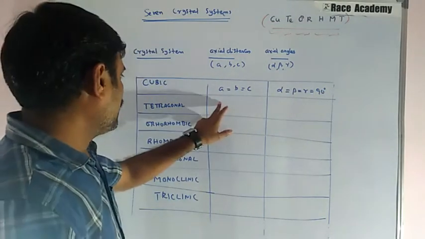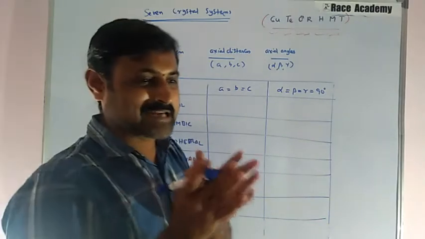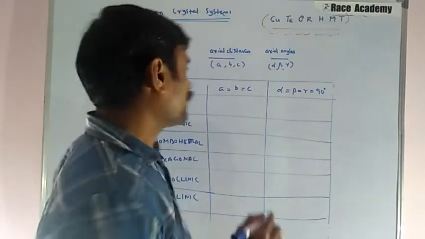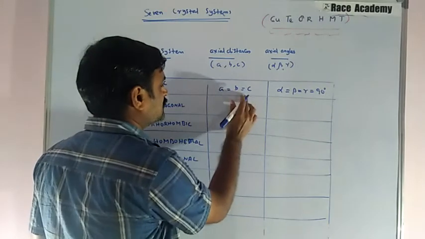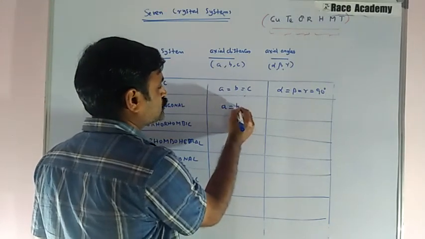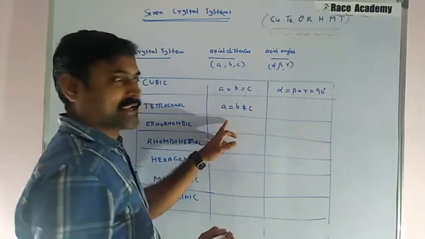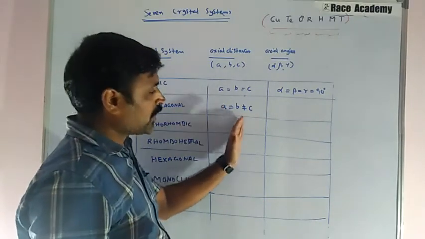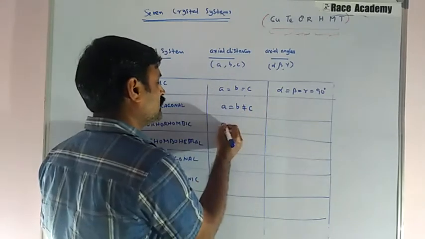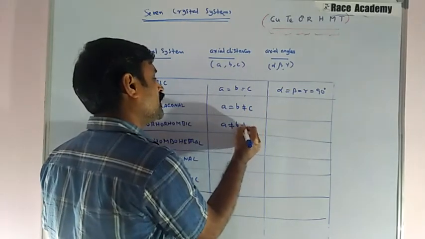And tetragonal, the second one, just write A equals B not equal to C. Next, orthorhombic, you will write A not equal to B not equal to C.